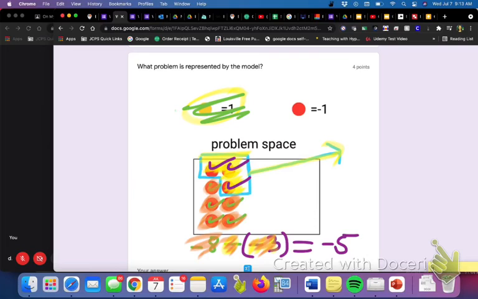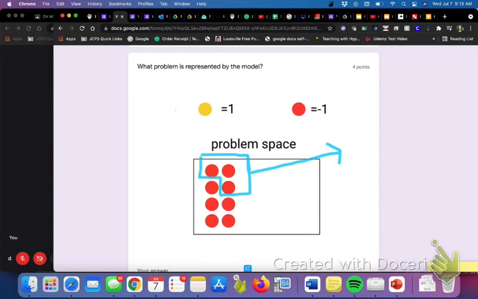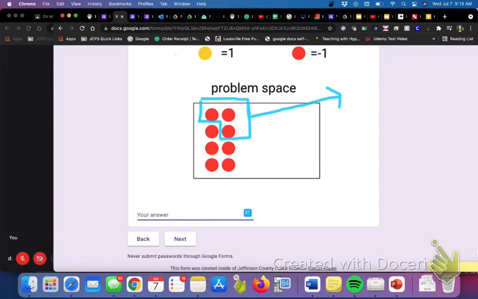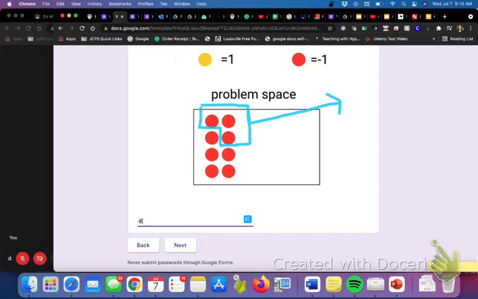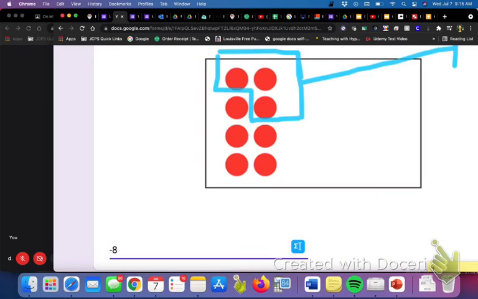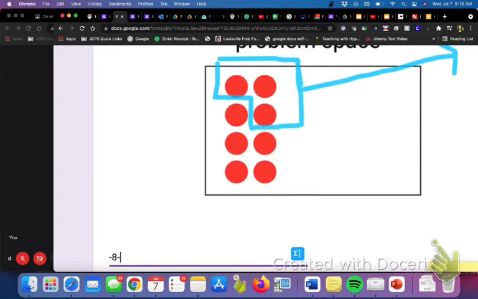So that means the problem that we are going to type into the answer box is negative 8, because that's what we started with. We started out with 8 negatives. And then we're going to type the subtraction sign because we are clearly getting ready to take away.